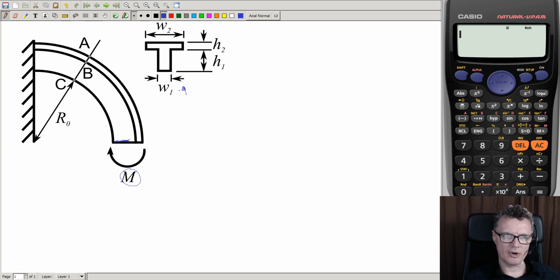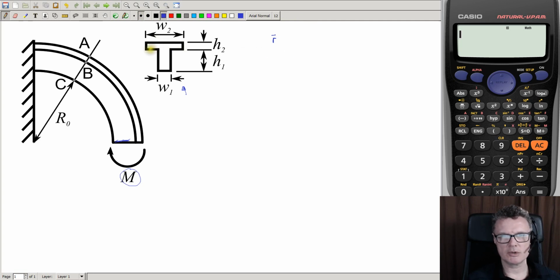The things that I want to find for my T-beam will be, where's the centroid of this cross section? It depends which books you use, but the centroid is probably going to be written as a little r, a little r with a bar on top.